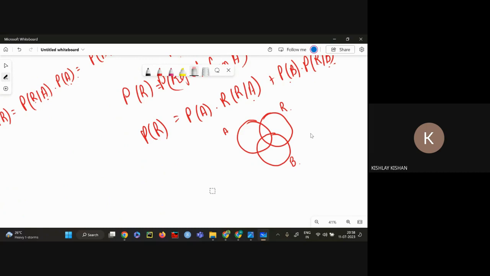You can shade the area of A, and the intersection part is R given A? That will not come now.